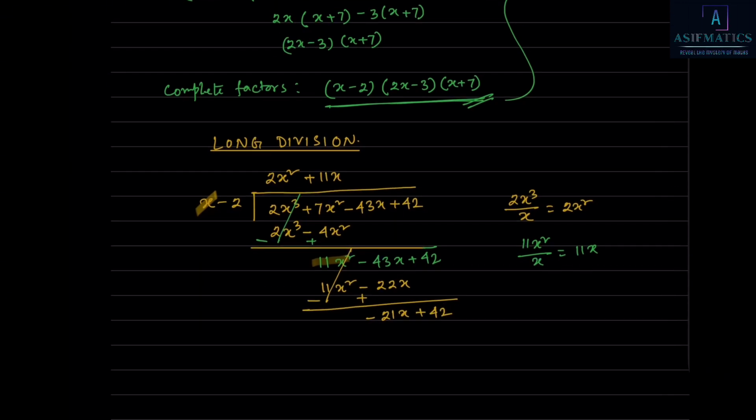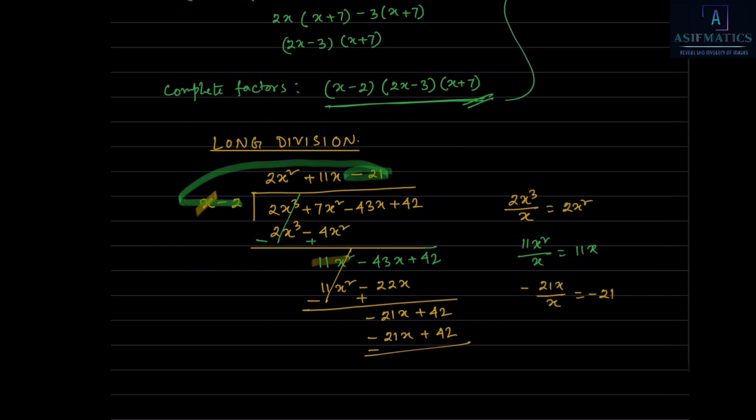And then the third repeat, we have minus 21x as inner first term and outer first term is x. So minus 21, right here minus 21, and then you multiply again minus 21 with the whole divisor. So that will be minus 21x plus 42.